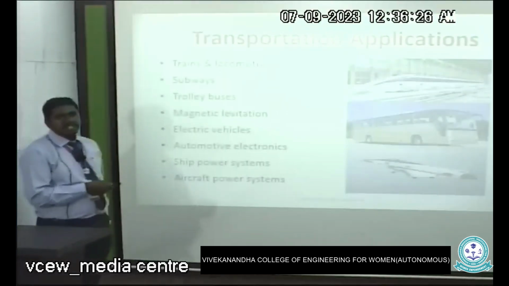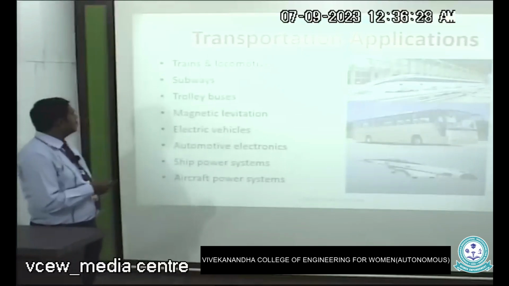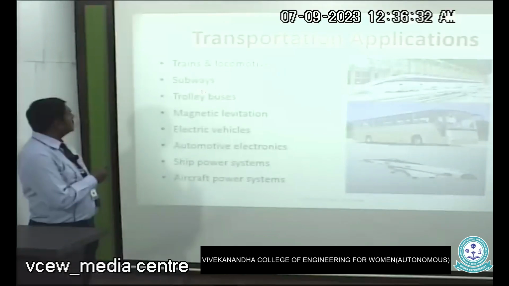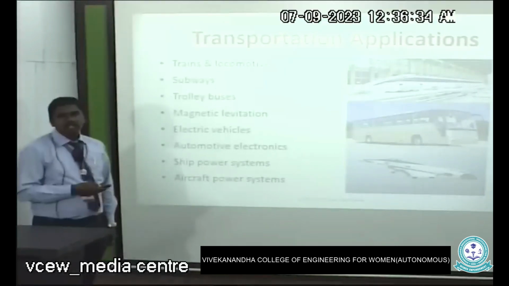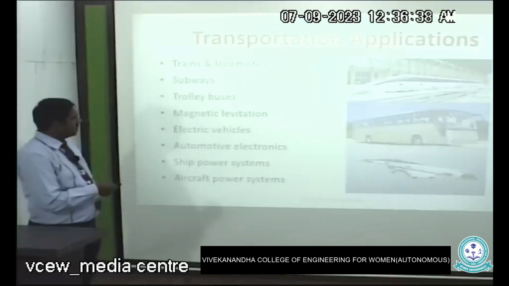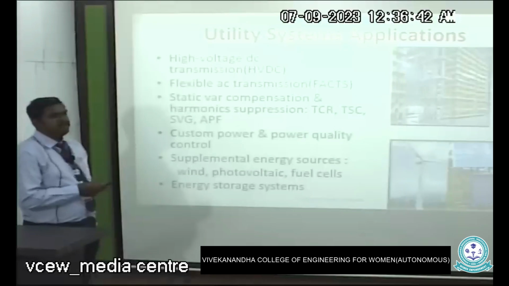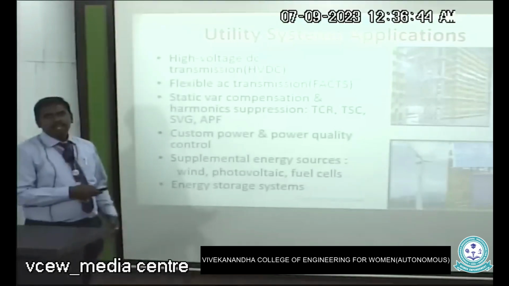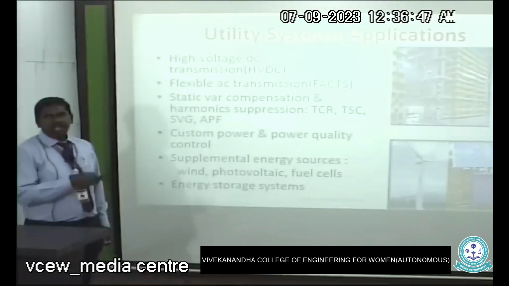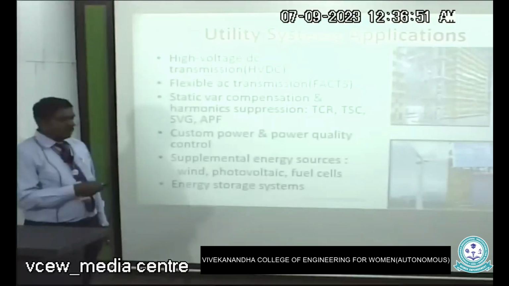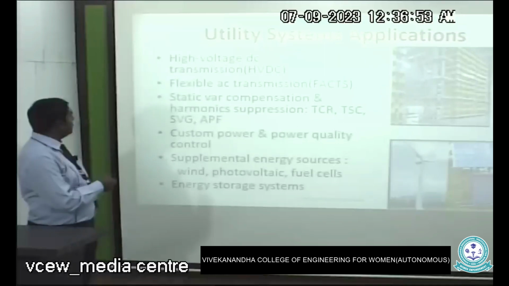Then transportation: trains and locomotives, subways and trolley buses. Then utility systems, where we generate power and use it, with the interrelation between the generation station and the distribution side.